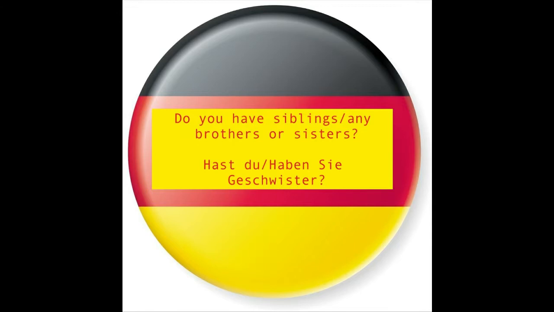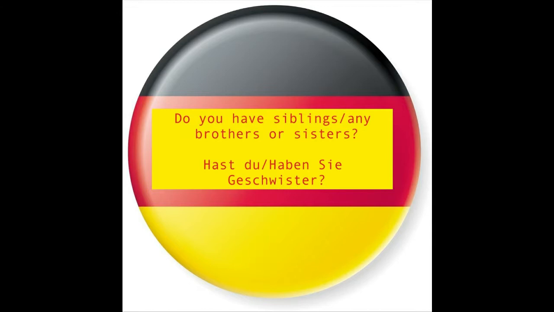Someone may also say this to you if they're asking you whether you have brothers and sisters. The du form is the most common. It's the informal form of you in German. However, you could also ask or be asked, haben Sie Geschwister? Sie is the formal form of you in German, and for this question is more uncommon.